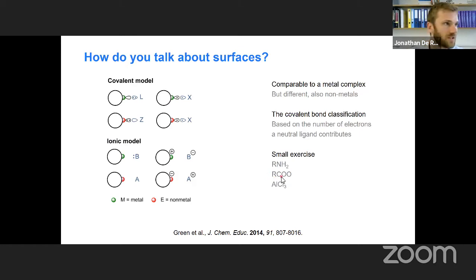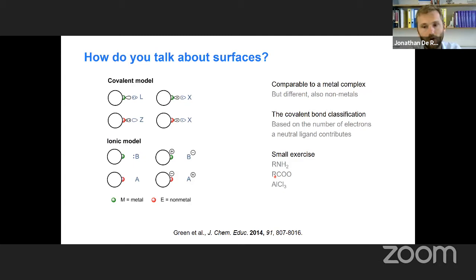One thing that I didn't mention yet is that you have to classify these ligands in their neutral form. So you might be inclined to say carboxylic acid, well, it's donating two electrons. It's a carboxylate. No, then you're trying to classify this ligand in its anionic form as a carboxylate. We actually have to look at how many electrons it is giving in its neutral form.